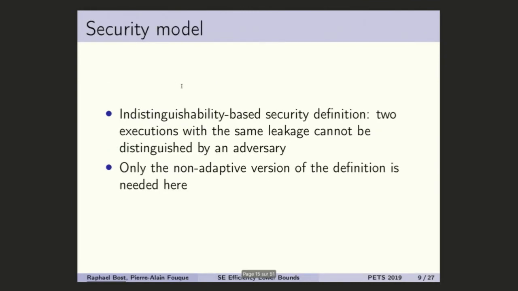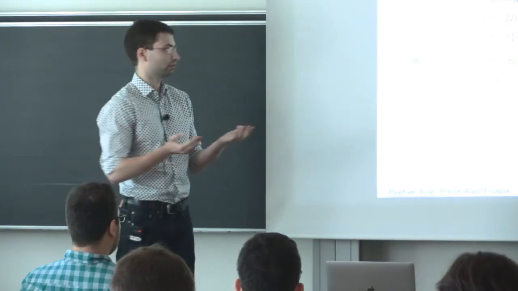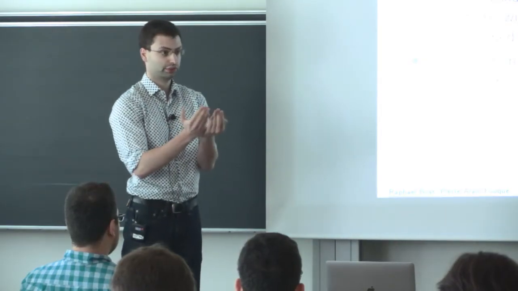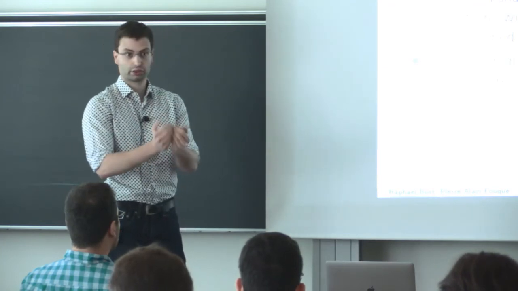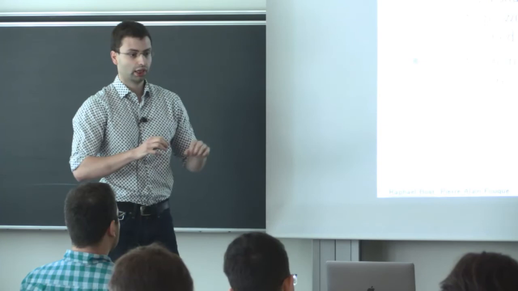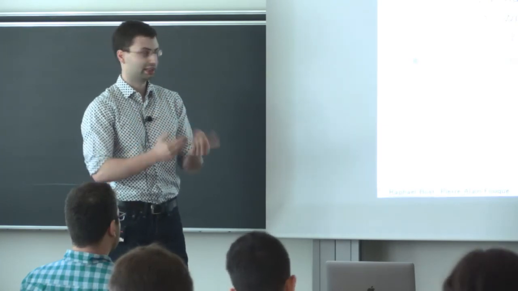All right. And in what security model are we going to be? Well, we're going to use a very standard but kind of weak security definition, where what we want to hide is the difference between the execution of two histories, two sets of queries, that have the exact same leakage.